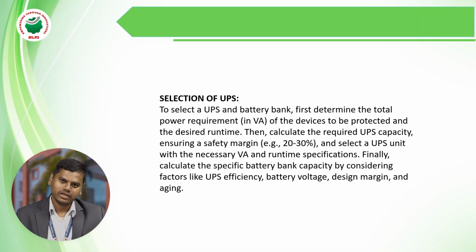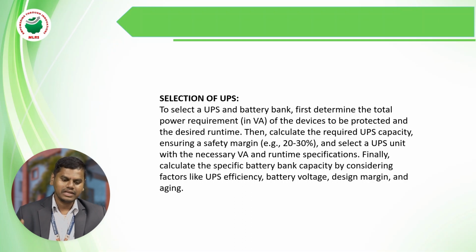So how is the UPS selected? To select a UPS and battery bank, first determine the total power requirement in volt amperes of the devices to be protected, and decide how much runtime is needed. Then calculate the required UPS capacity, ensure a safety margin, for example 20 to 30%, and select a UPS unit with the necessary volt amperes and runtime specifications.